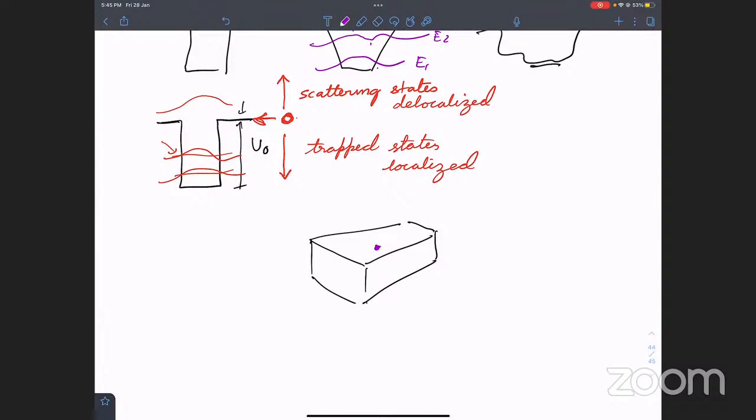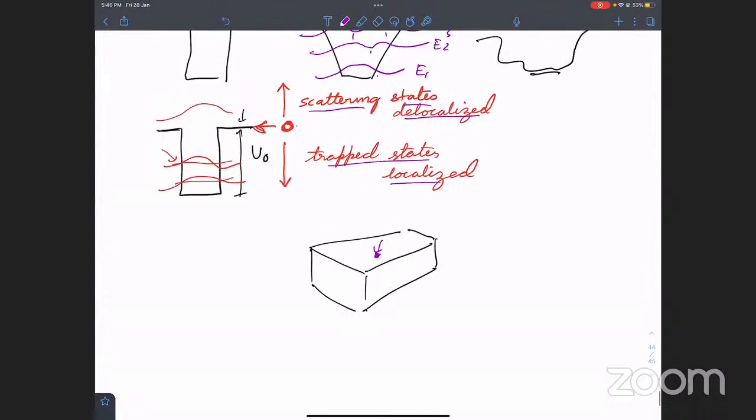So there will be some electrons which will be traveling within your crystal. They'll be your scattering states. Sometimes, however, there will be trapped states also. They'll be completely trapped at this site. So all these kinds of things are possible. Okay. Does everybody understand very briefly the difference between scattering states and trapped states?